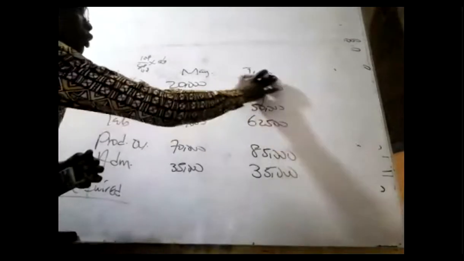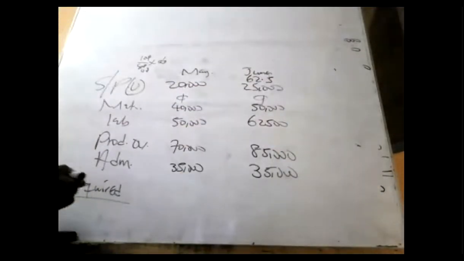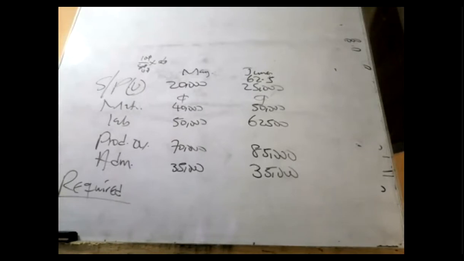Gosh, this question is going to blow your mind. Yes, it will be 62.5. So 62.5 here should be 62.5.